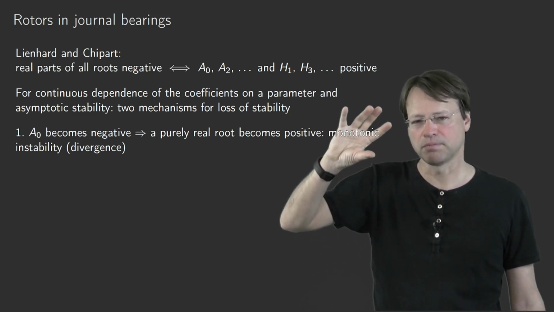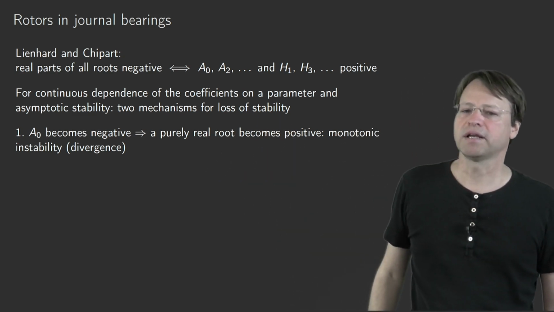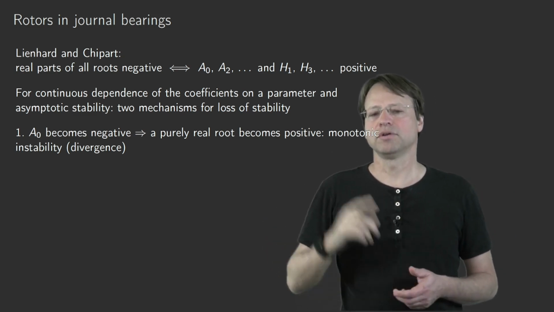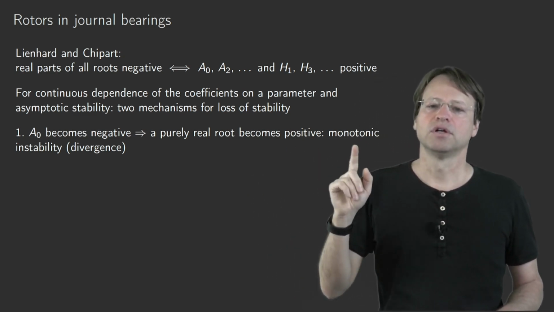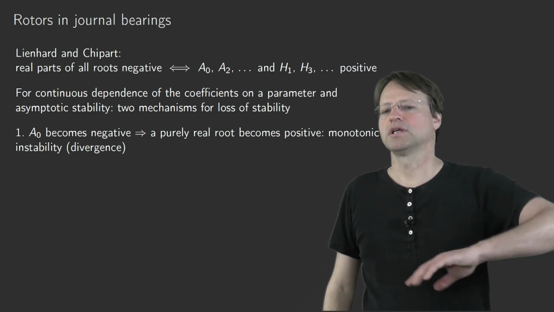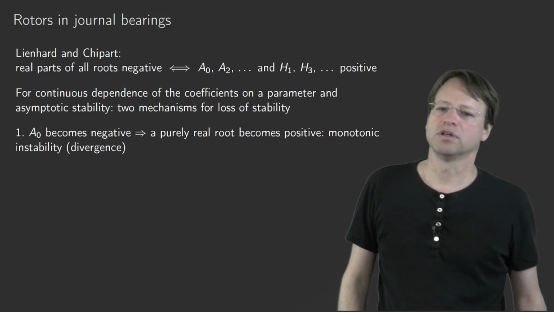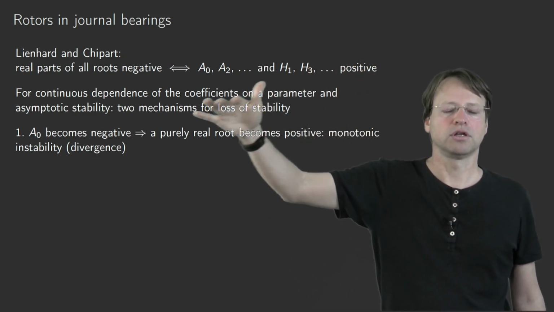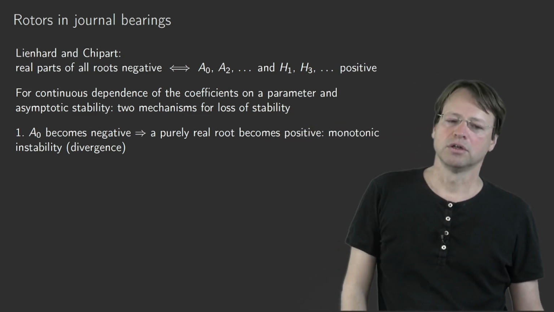The imaginary part would be some kind of oscillation. And for this unstable mechanism, for this root, there is no complex conjugate and no imaginary part. It's purely real. Therefore, this would be some kind of monotonic instability. You would go exponentially to infinity without any additional harmonic functions, sine or cosine functions, so without any additional rotations.